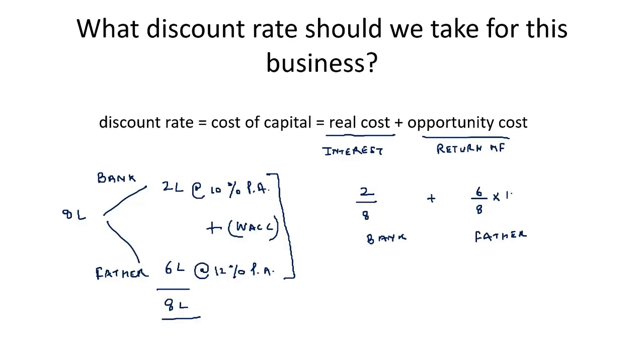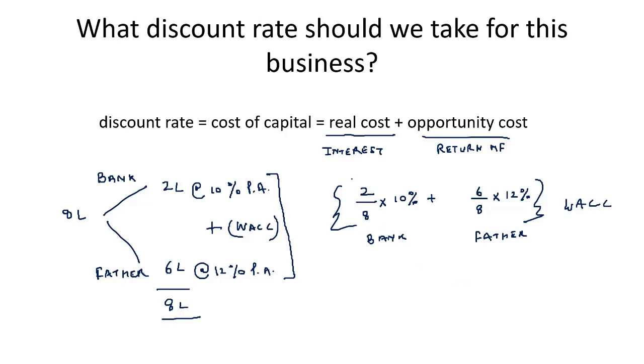This has a cost of 12% and this has a cost of 10%. When you combine this equation, you get weighted average cost of capital.